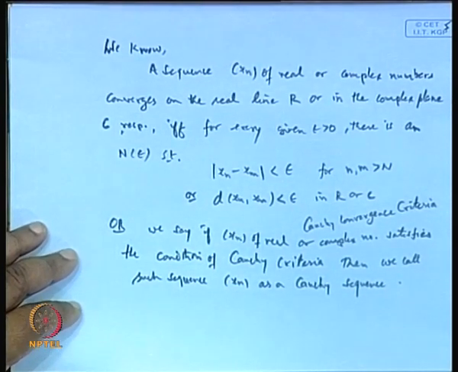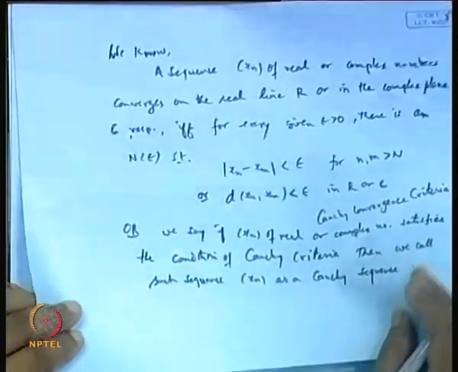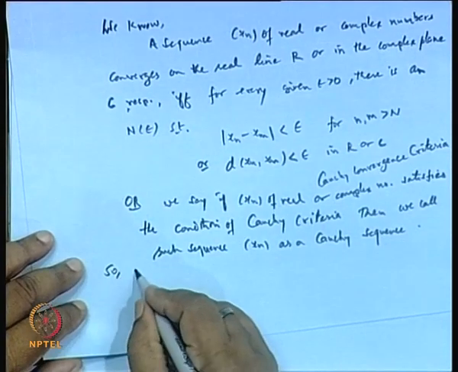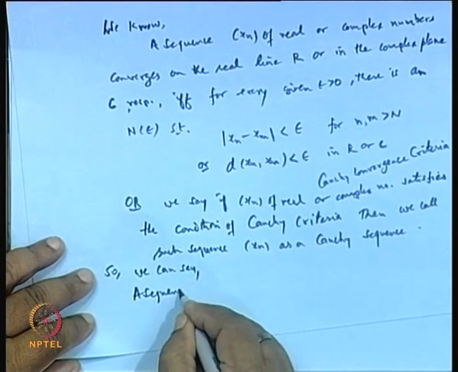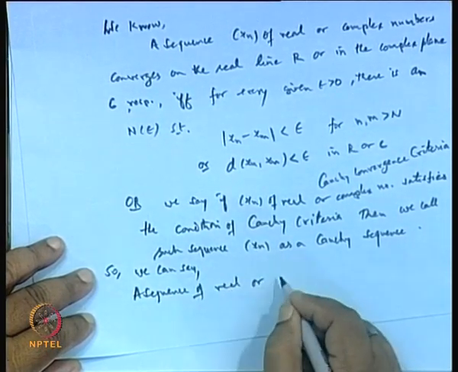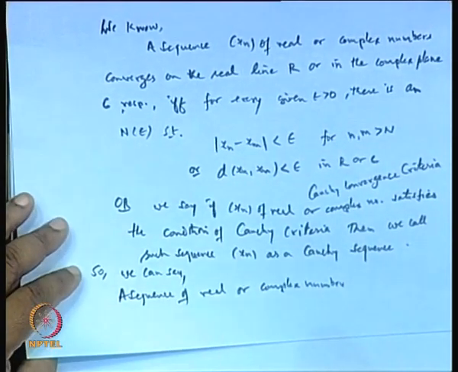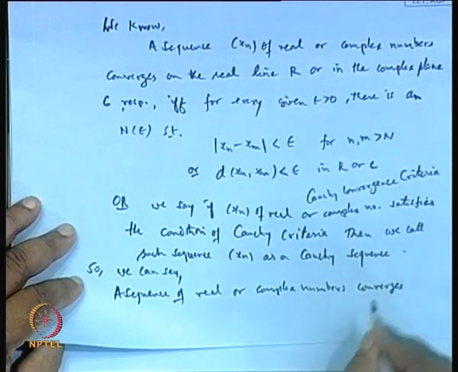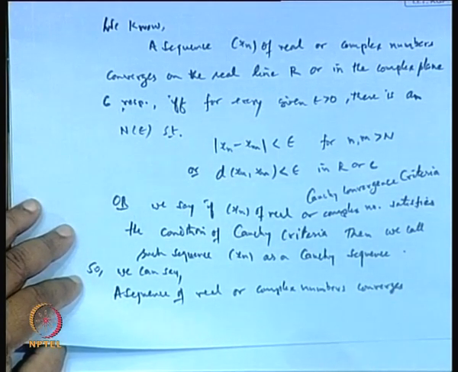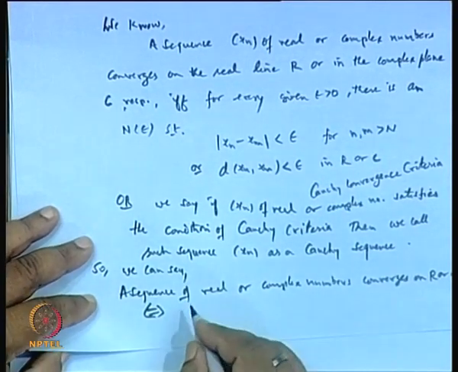So, we can also say a sequence of real or complex numbers converges on R or C if and only if it is a Cauchy sequence.